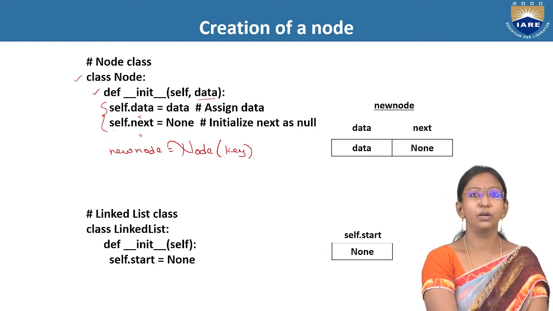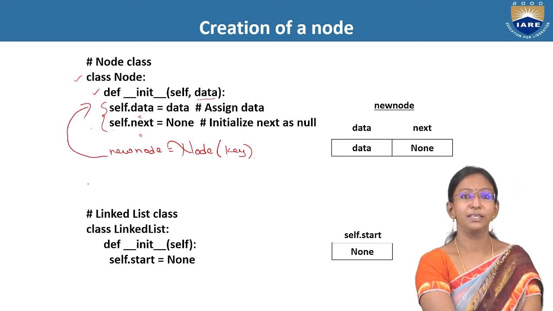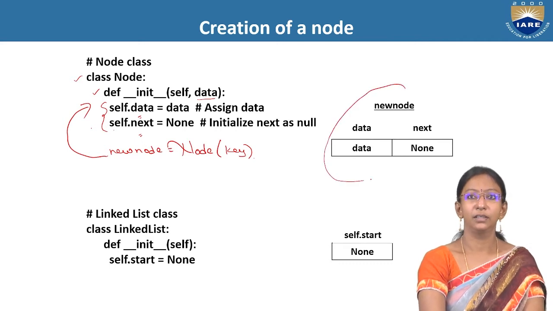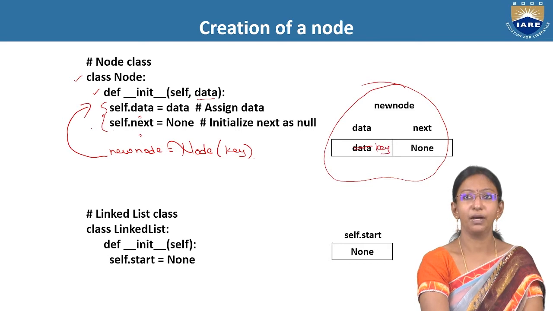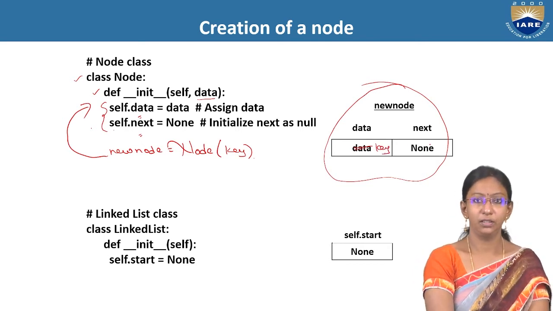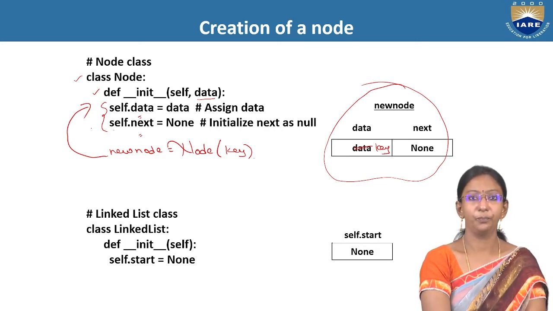This call is going to invoke the constructor, thereby data and next will be formed like this. Data will be filled with the key value that you pass, and by default, the next part will be filled with None. This is how we are going to create a node.